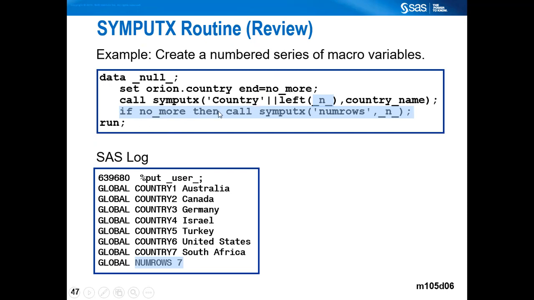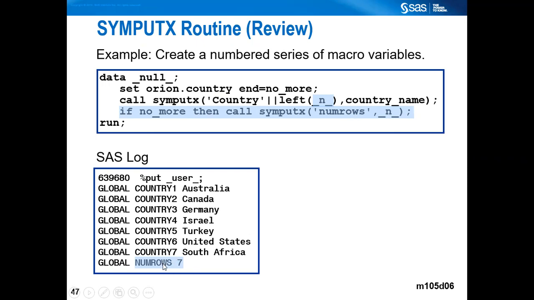So if no more, then again CALL SYMPUTX creates a new macro variable, number of rows, whose value will be _N_ at the end. That means when it is processing the last observation from the country data set. The country data set has only 7 rows, hence _N_ at the last iteration will be 7, so the value of this macro variable will be 7.